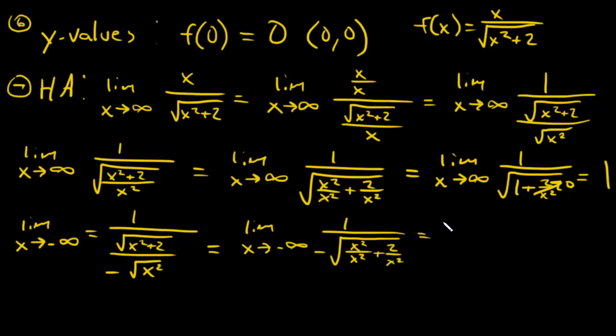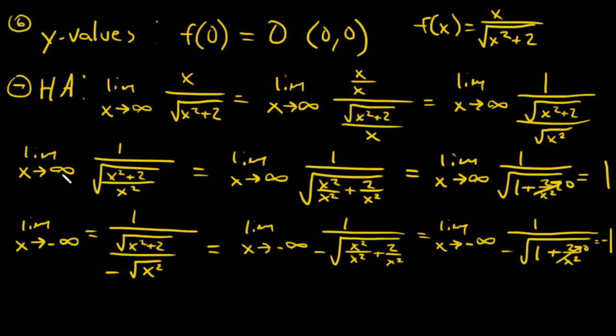And I can do one more simplification: the limit as x goes to negative infinity of 1 over negative root 1 plus 2 over x squared. Now I can apply the limit. When I do that, this term goes to 0. I'm left with 1 over negative 1, which equals negative 1.